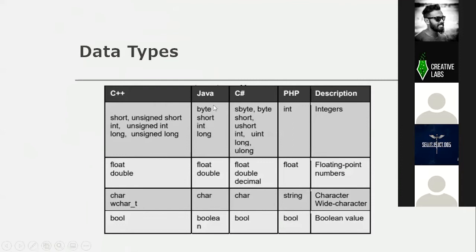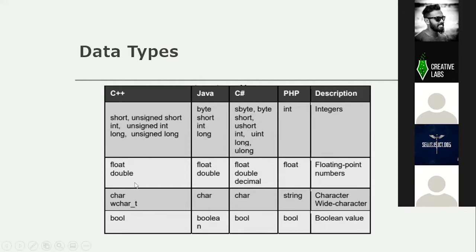But in Java, we have only byte, short, int, long, and in C# we have byte, short, integer, long, and so many things. And in PHP, we have integer, that means int, right?